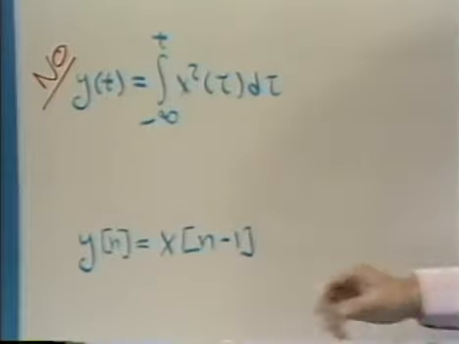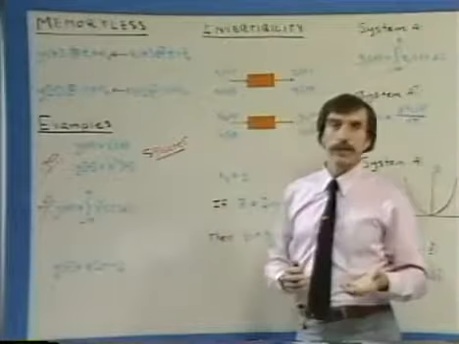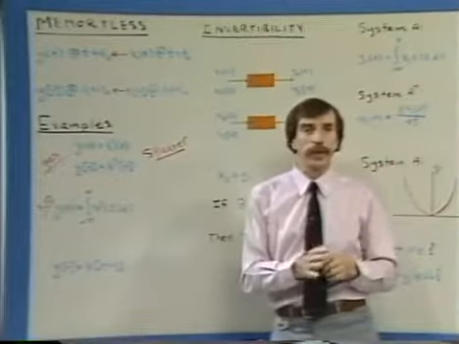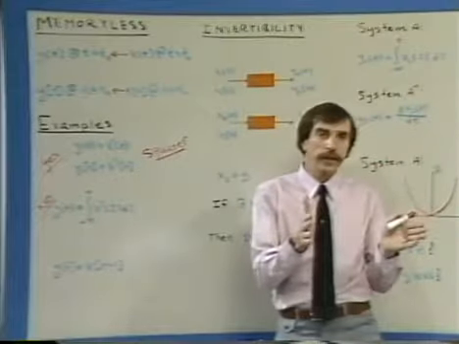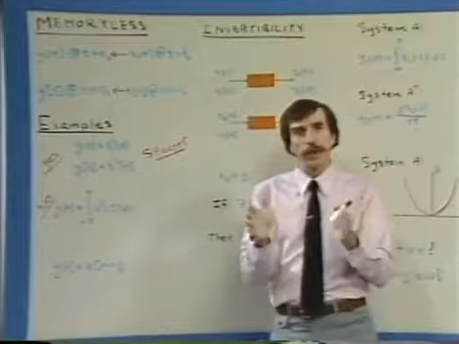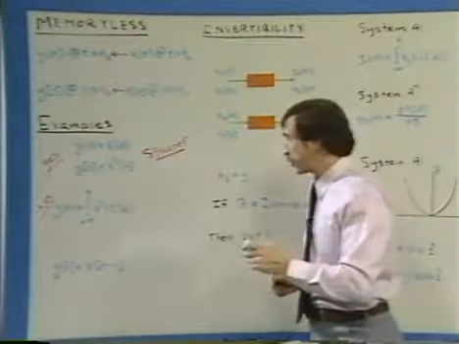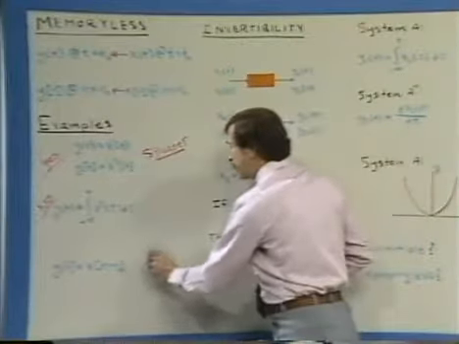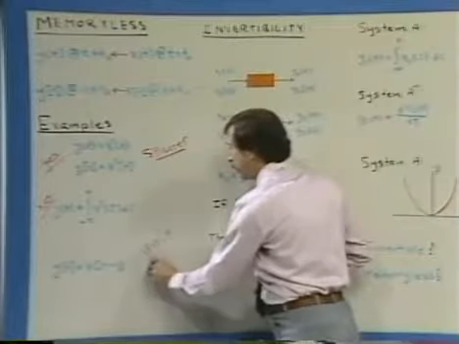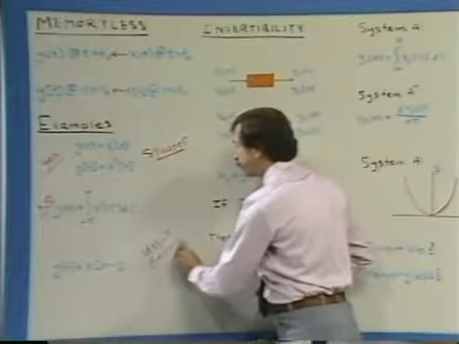And so this, in fact, is a system for which the output is simply the input delayed or shifted by one sample. So this system is referred to as a unit delay.